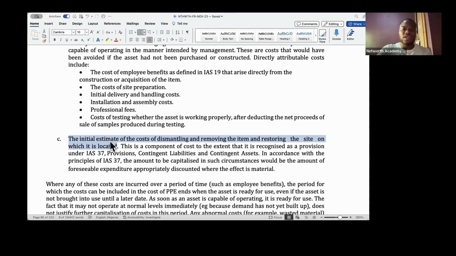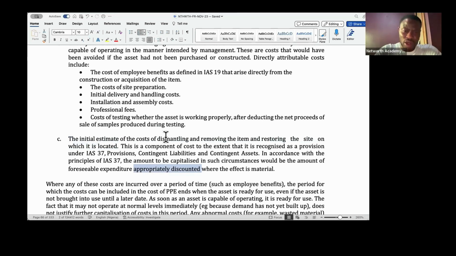So usually, first we have to make an estimate, right? So when we make this estimate, what we will recognize in our books is a present value, to be discounted to present value. So what we recognize in respect of these initial estimates of dismantling, removal, and restoration is the present value of that cost we will incur in the future, right?